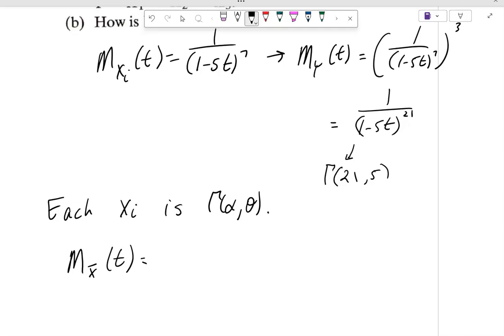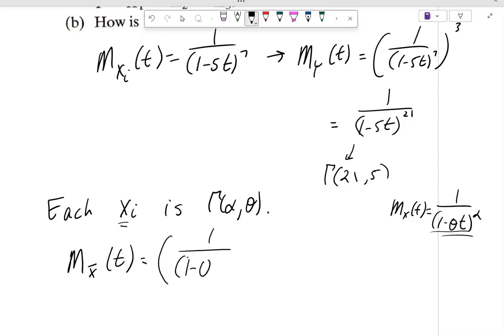Now remember, for gammas, your moment generating function is 1 over 1 minus theta t to the alpha, right? If they're all identically distributed, I'm going to multiply all of those together, so I'd have 1 over 1 minus theta times something to the alpha, to the n. Now, I didn't fill in the t because I'm looking at the mean. What do I have to replace the t with? T over n?